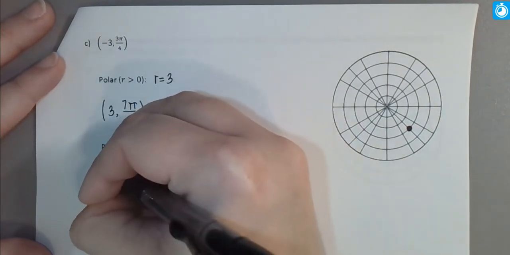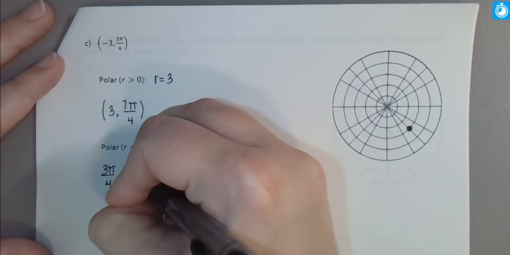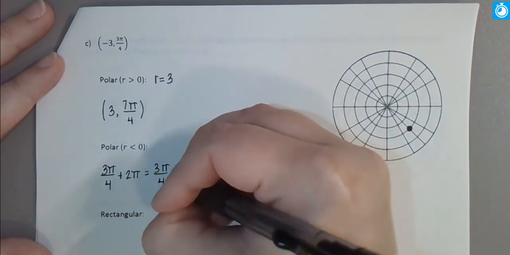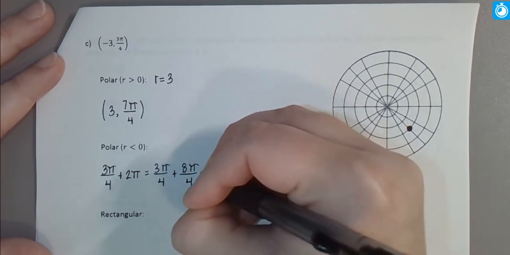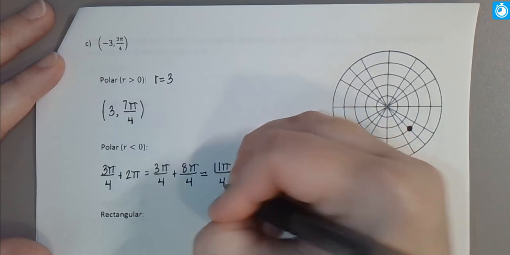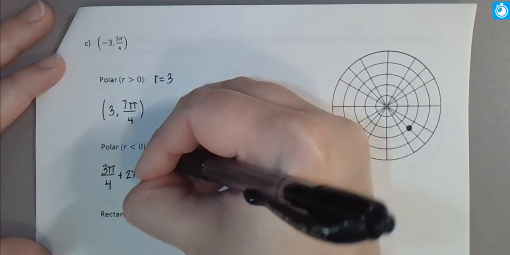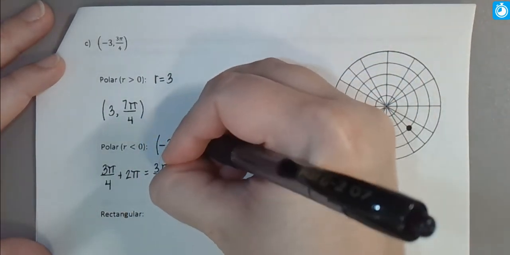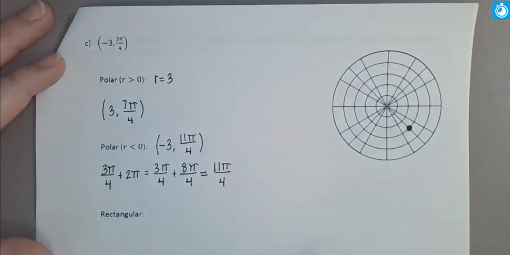So 3 pi over 4, we're going to add on 2 pi radians. So that's going to be 3 pi over 4 plus 8 pi over 4, which is 11 pi over 4 radians. So another polar representation where r is negative would be negative 3, 11 pi over 4.